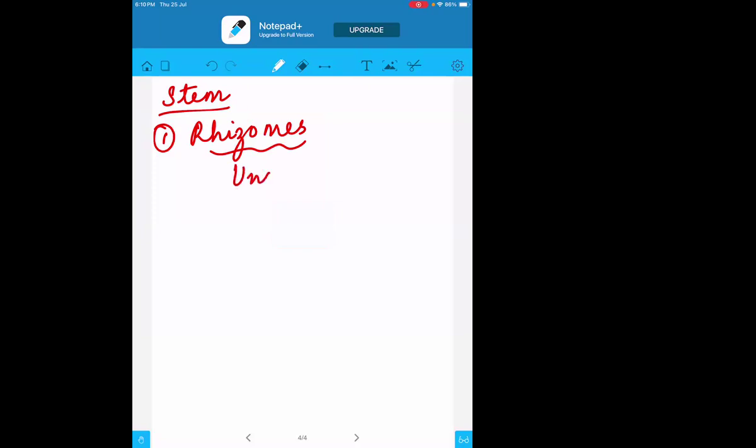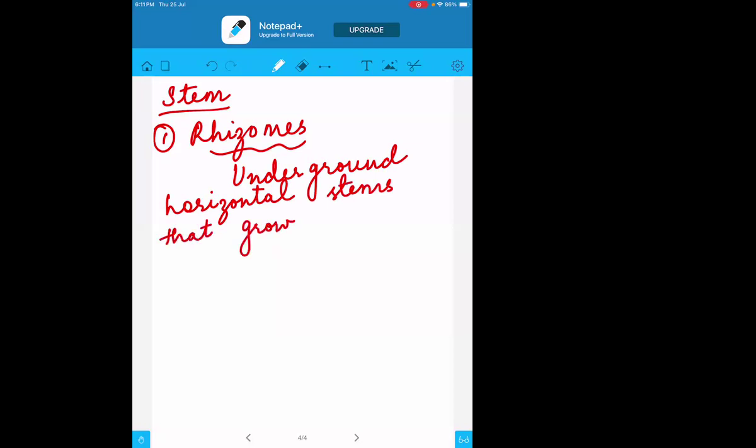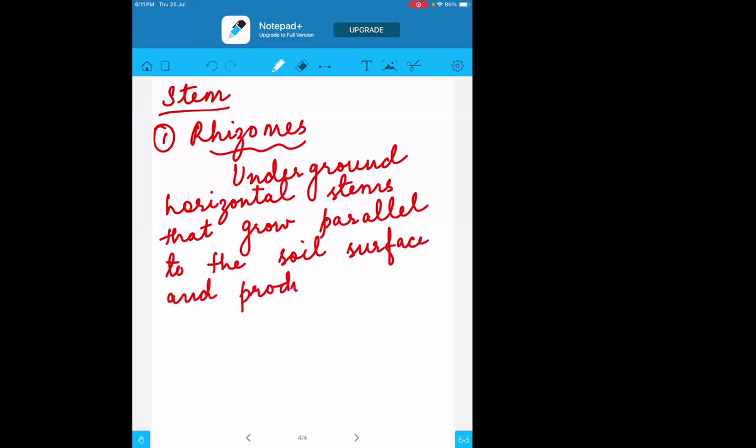Rhizomes are basically underground horizontal stems that grow parallel to the soil surface, and they produce new shoots at their nodes.